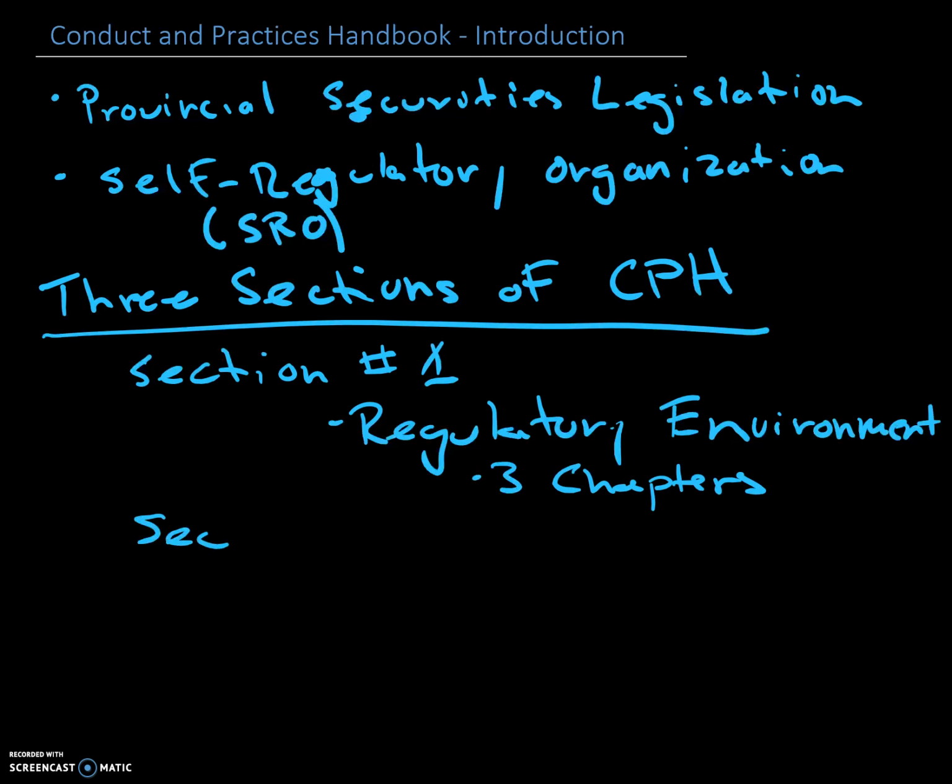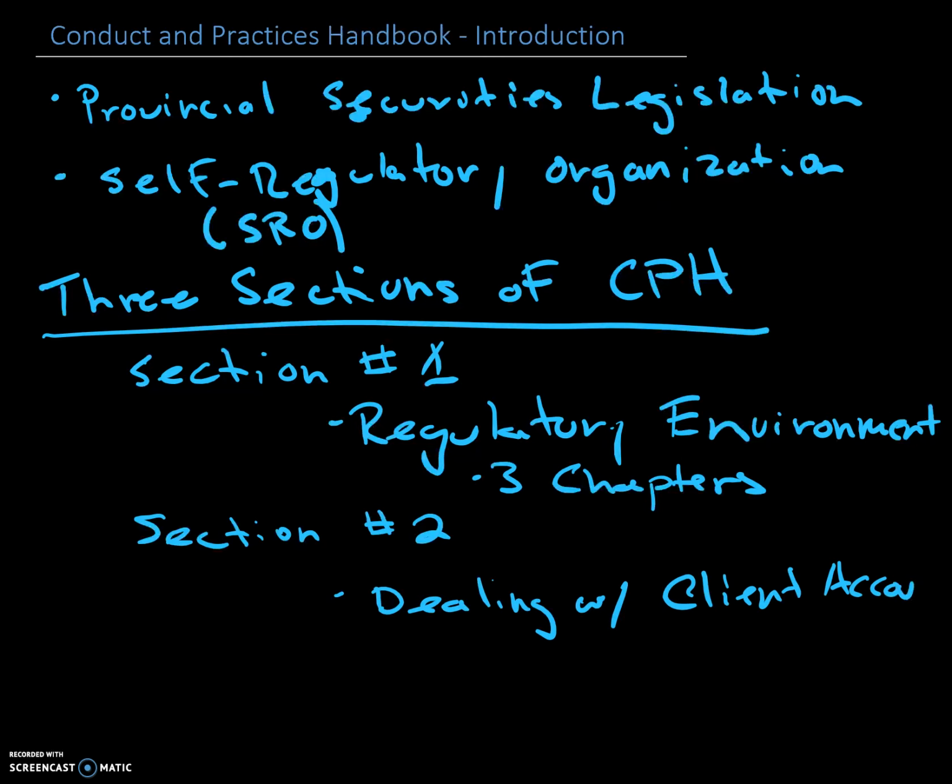Section number 2 is going to be focused on dealing with client accounts. This is going to go over things like opening accounts for clients, placing orders for securities for clients, cash and margin requirements, whether you're holding different types of margin accounts for clients.